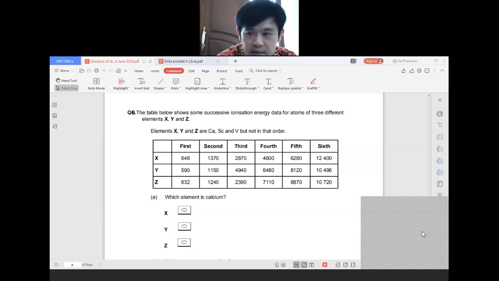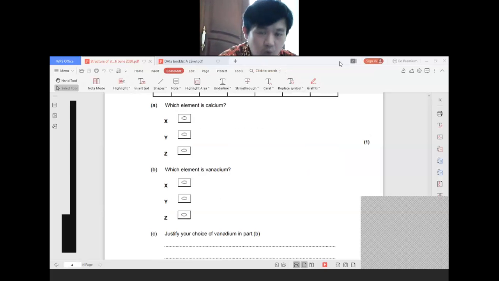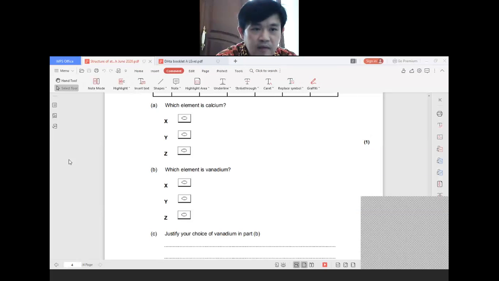And then next, which element is vanadium? Remember the vanadium oxide in the contact process.